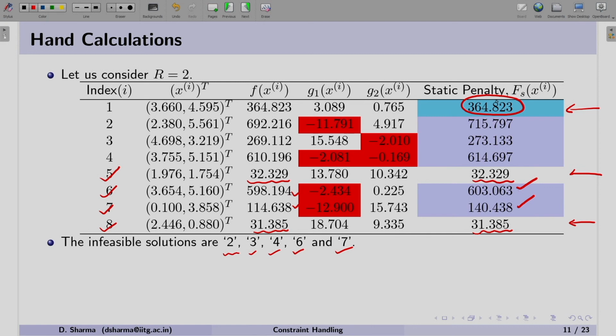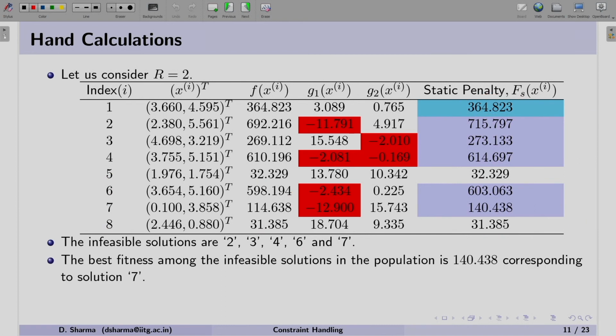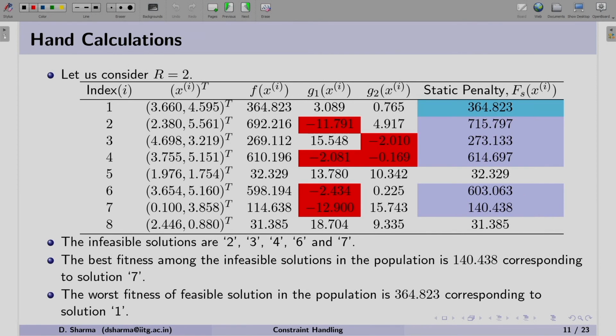Similarly, if we look at the infeasible solutions, we have to find which is the best solution. Among the infeasible solutions, as we have used these colors, we can see that solution number 7 is the best infeasible solution, which has the fitness value 140.438. So, we are considering this solution because it is the best infeasible solution.